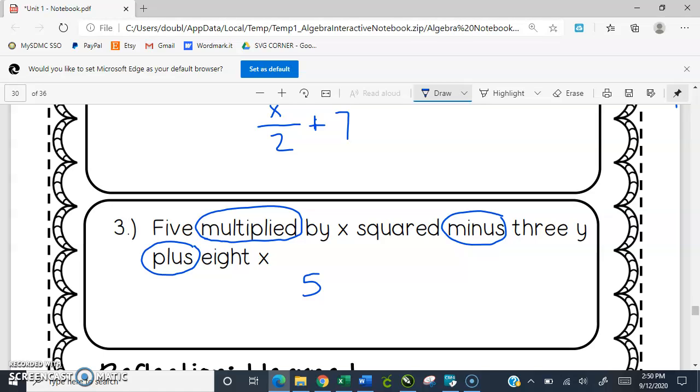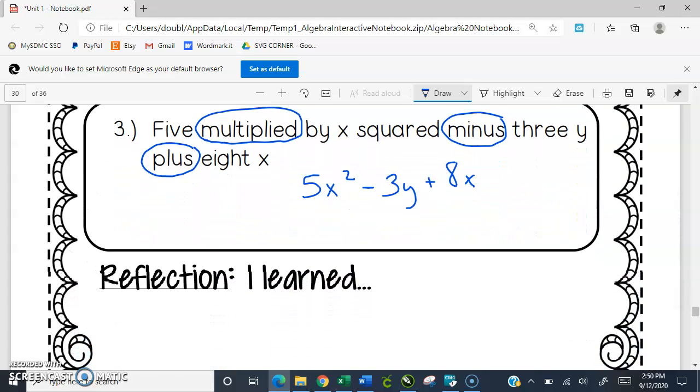I don't need to put parentheses or a multiplication sign in between 5 and x squared because the 5 next to the x tells you that it's multiplying. Minus 3y plus 8x. So we're good.